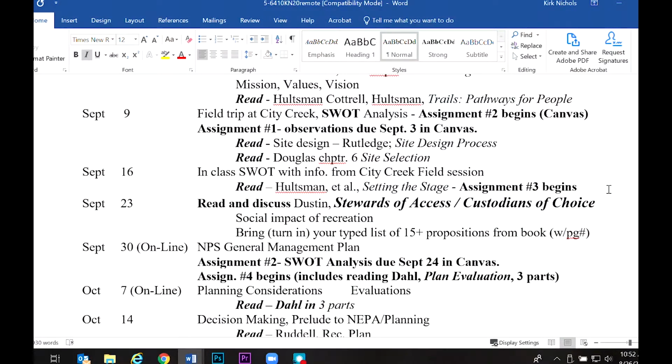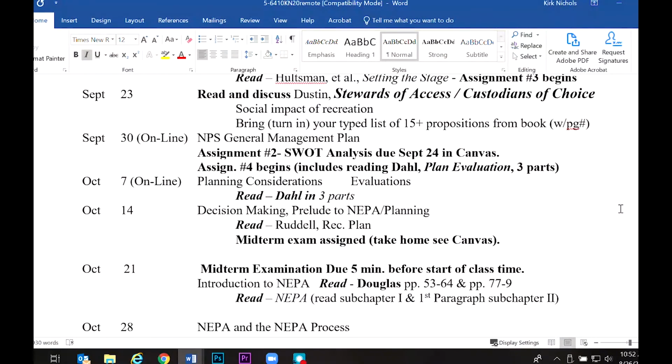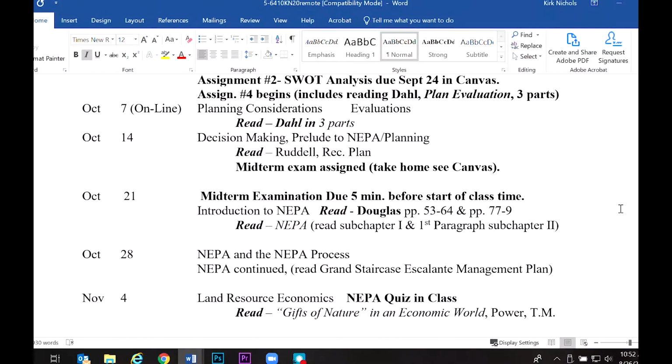Then moving on, we're going to look at what the National Park Service does. So this is a big, broad plan for their planning. And then we go into more generalized planning through Dahl's book, which I've got for you to read in Canvas. Then to introduce the National Environmental Policy Act, NEPA, and planning overlap so much it's hard to separate the two. So we've got some readings for that.